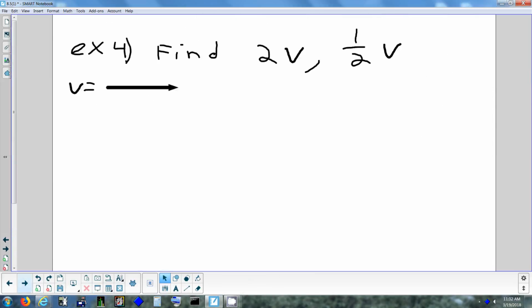Okay, let's look at 2v and 1/2 v. How would 2v compare to v? Double the magnitude, double the length, yes.